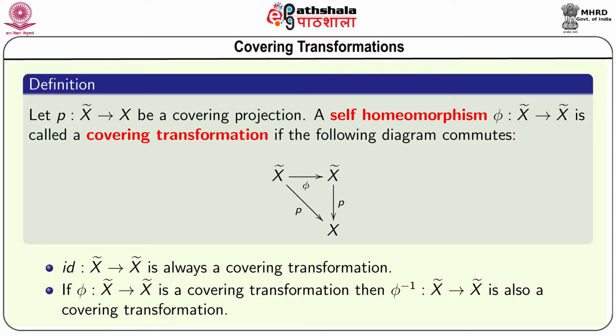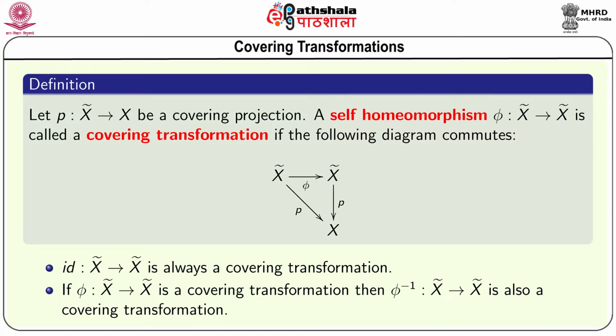That means, if phi is a homeomorphism from X tilde to X tilde such that P composed phi is equal to P, then we call that homeomorphism phi a covering transformation.